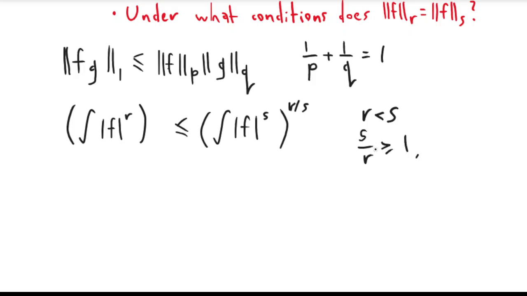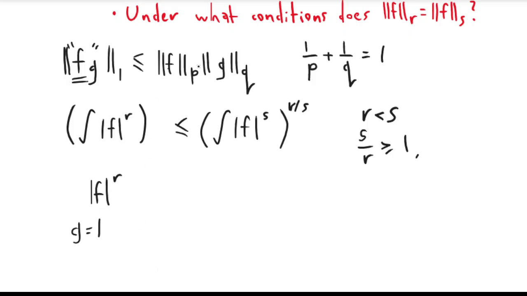And so that means that we can use s over r as one of our conjugate exponents. Again, we're going to use Holder's inequality, and one of our functions is going to be absolute f to the r, thinking of that as our f. Our other function is just going to be 1, so g is equal to 1.